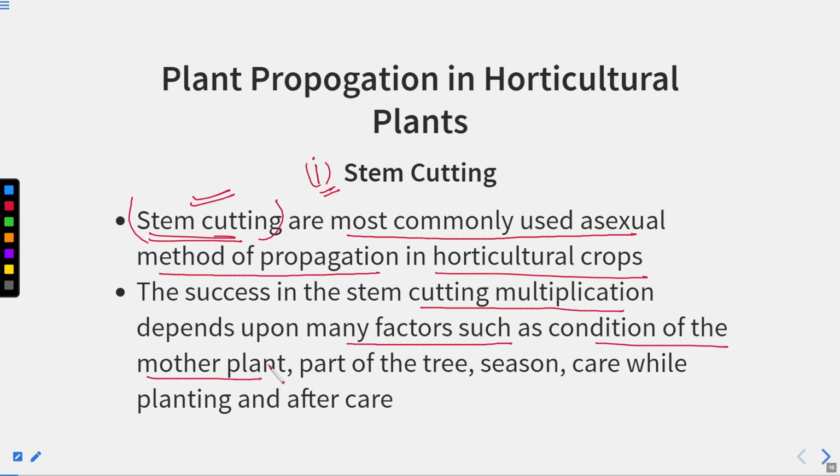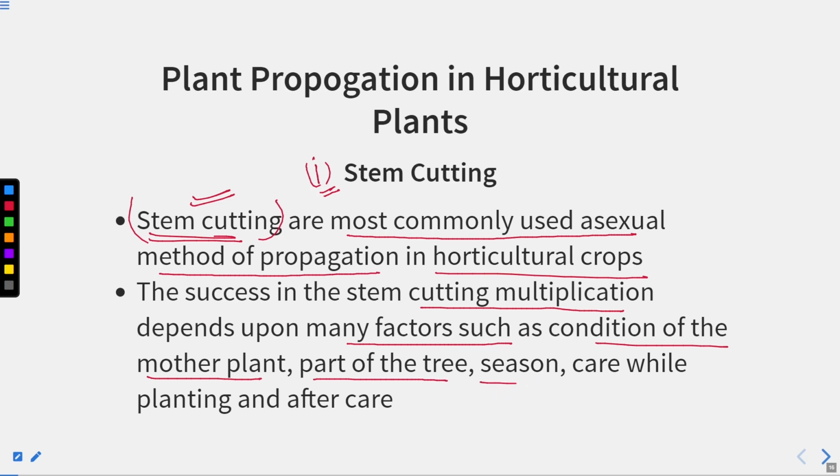What is the condition of the mother plant? If the mother plant is healthy, then you will have a new plant in the same way. And if the mother plant is diseased or old or not healthy, right? So the new plant will be of the same type, right? So be sure that you are taking a healthy plant for the stem cutting.